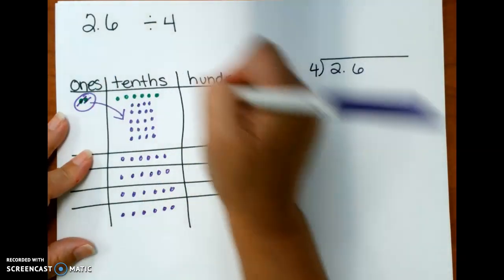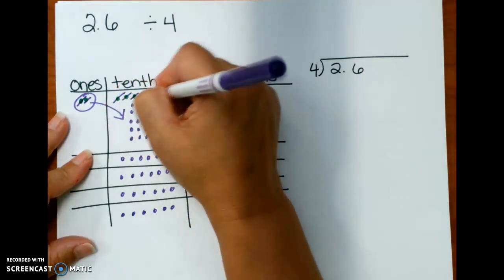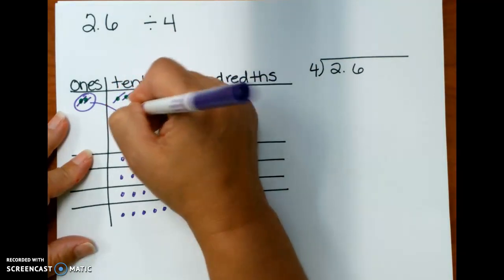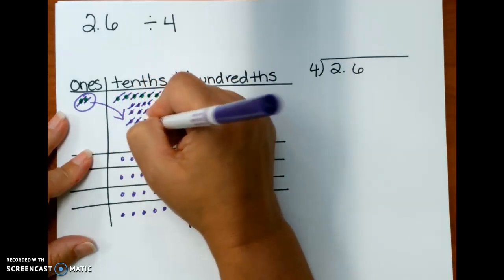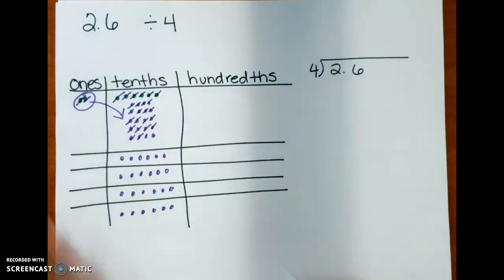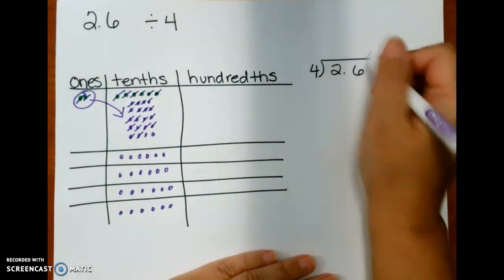We're going to cross them off from up here as we do it. 1 2 3 4 5 6, four times. How many do we have left? We have 2 left. Before we deal with those, we're going to come over here to our standard algorithm.